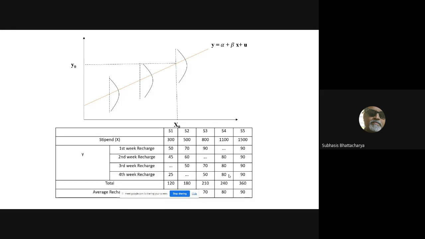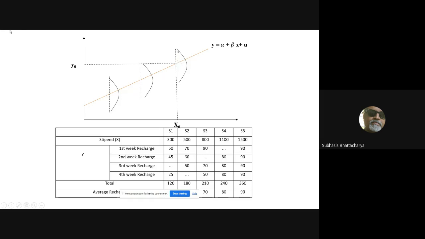Suppose the relationship is y equals alpha plus beta x plus some unobserved factors. Then what will happen if we plot the regression equation, that is, the relationship? I'm not considering the regression term now. If we consider the relationship, suppose the x value is x0 and the y value is y0. Then on the line, the point is here.